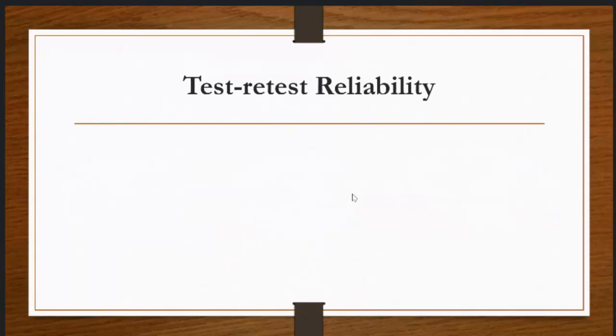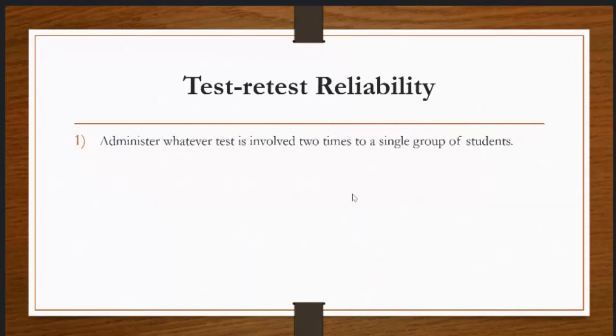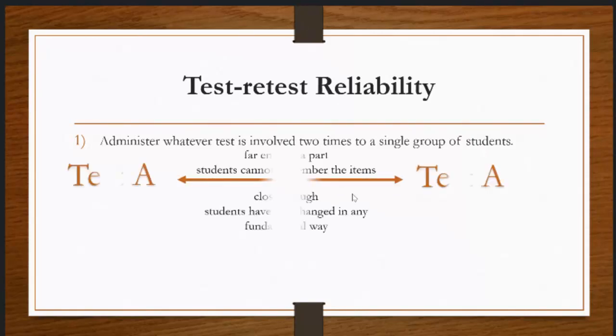So now we will go into details of these approaches. The first one, test-retest reliability. First and foremost, we need to understand how we can carry out this approach. The first step: administer whatever test is involved 2 times to a single group of students.